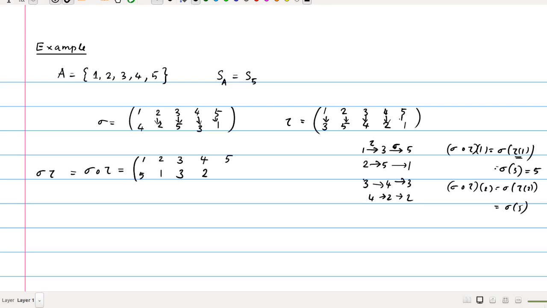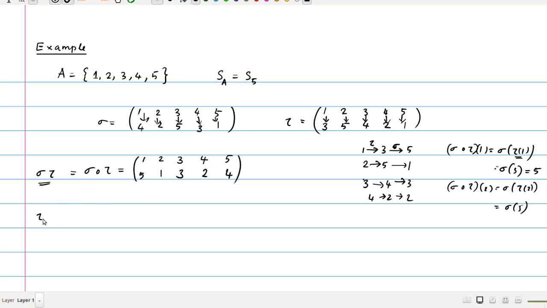Finally, 5 goes to 1, that 1 goes to 4, so the image is 4. This is the one-one onto function obtained by composing sigma and tau. So this sigma tau is denoted by this permutation.